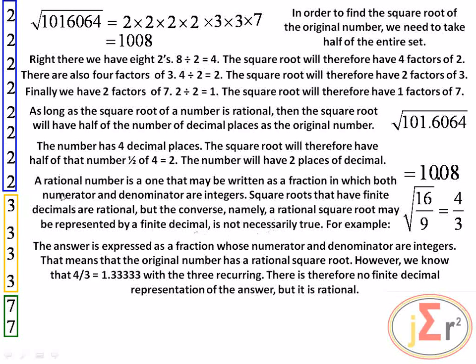As it is said here, a rational number is one that may be written as a fraction in which both numerator and denominator are integers. Square roots that have finite decimals are rational. But the converse, that rational square roots may be represented by a finite decimal, is not necessarily true.